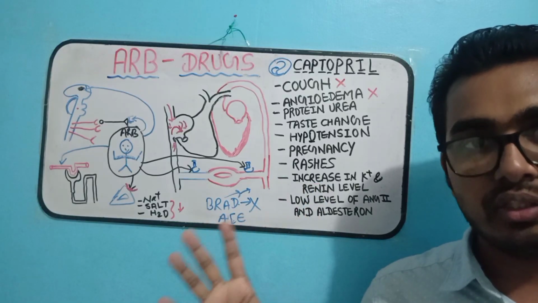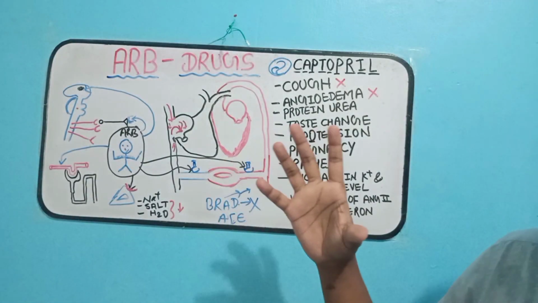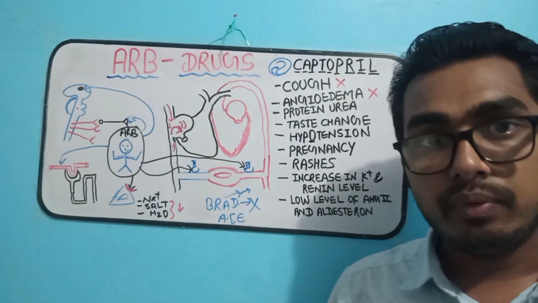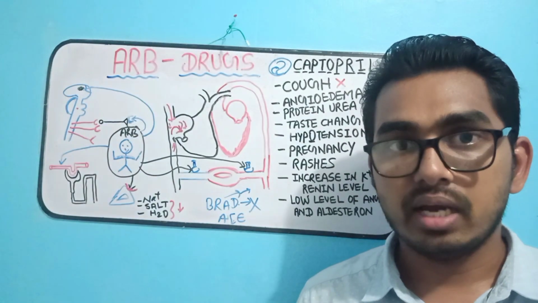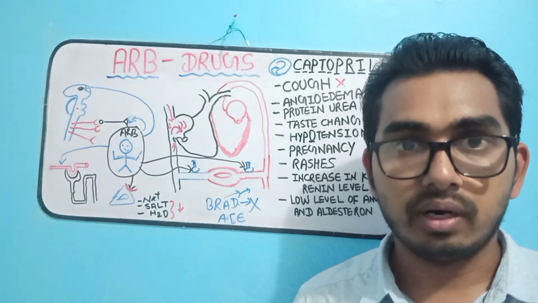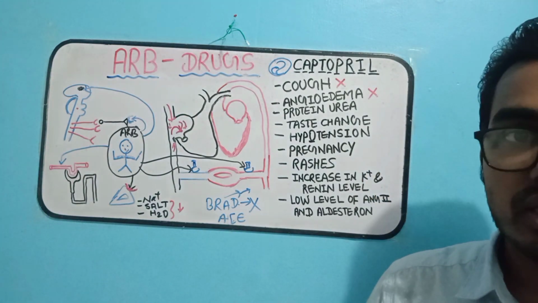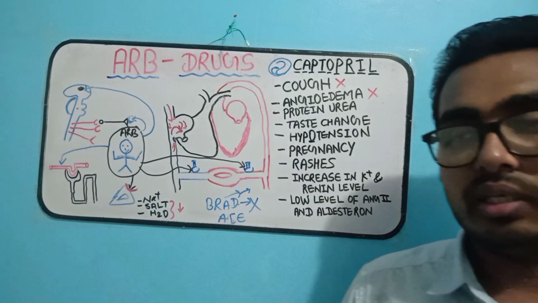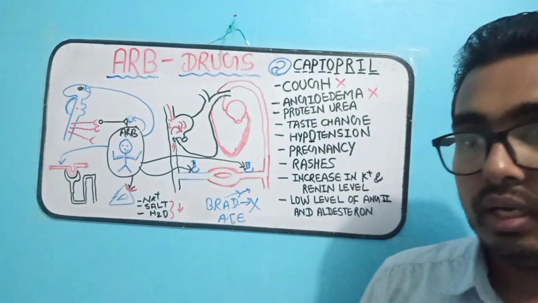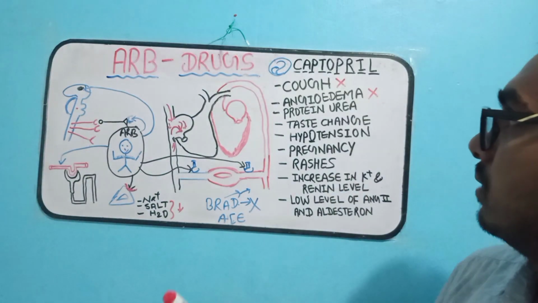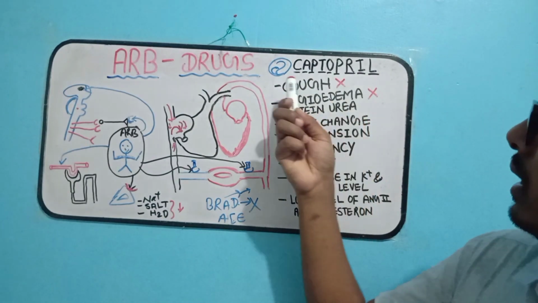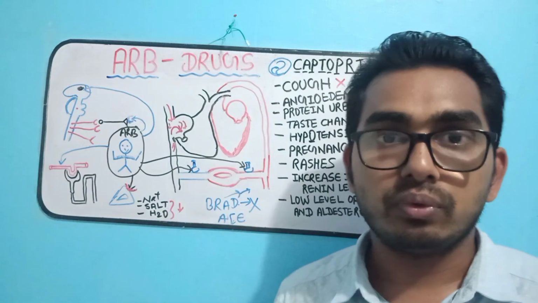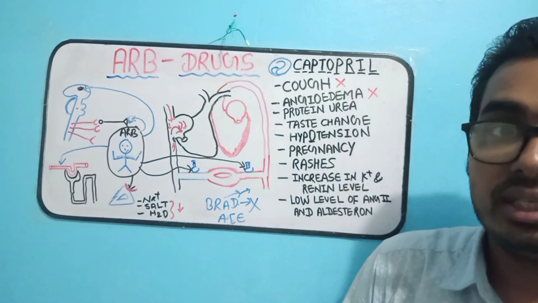There is one thing to understand: why are we giving the ARB drugs, even though the ACE inhibitor drugs are very good in case of congestive heart failure? First we have to understand the side effects of the ACE inhibitor, because the ACE inhibitor causes bad side effects, the cough and the angioedema, and due to these side effects, some people cannot tolerate the ACE inhibitor drugs.